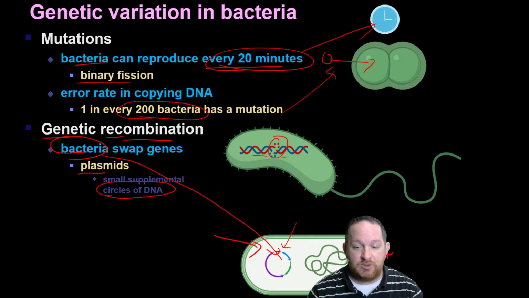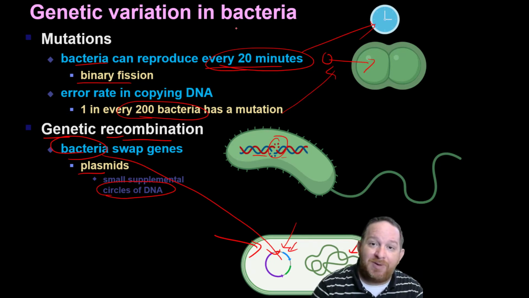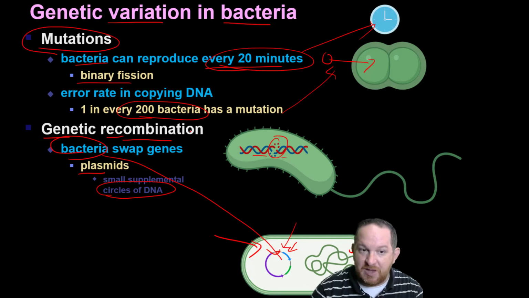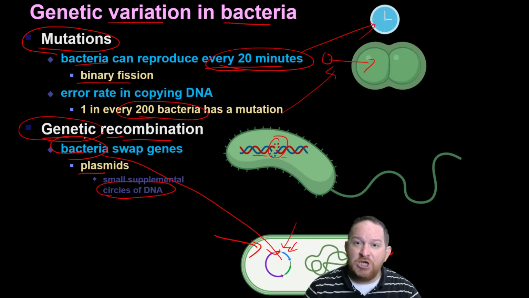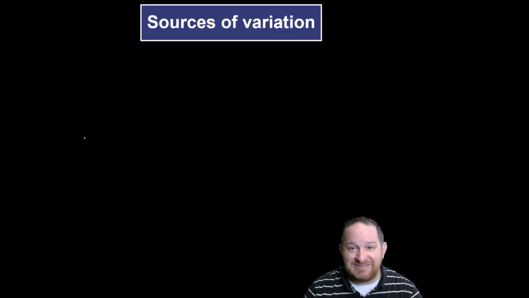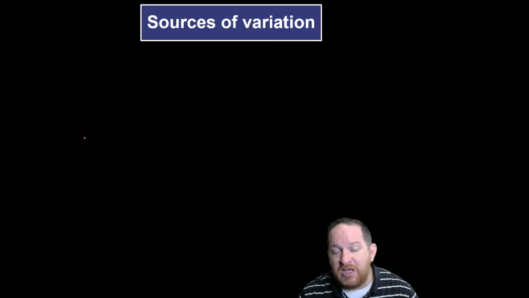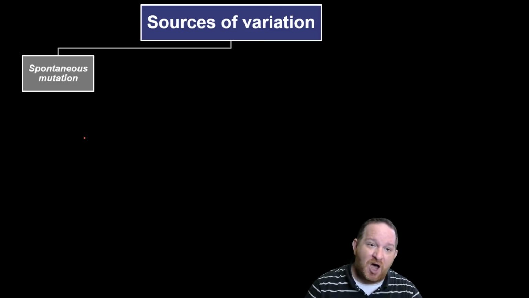And it will replicate it, transcribe it, translate it to get what is needed from that particular piece of DNA. So how do bacteria have genetic variation? Well, 1, through their mutations. 2, through genetic recombination.